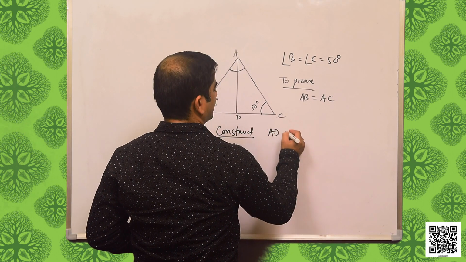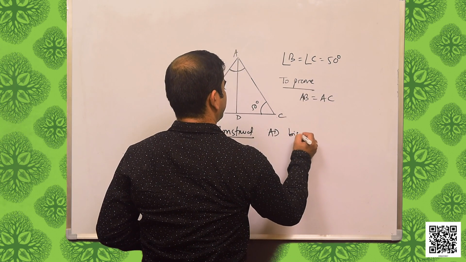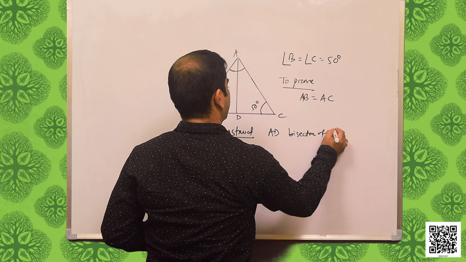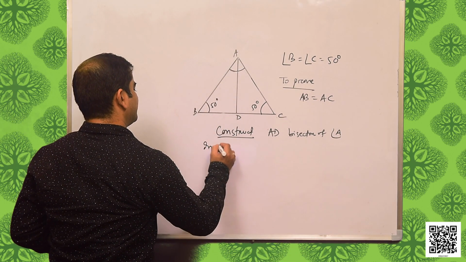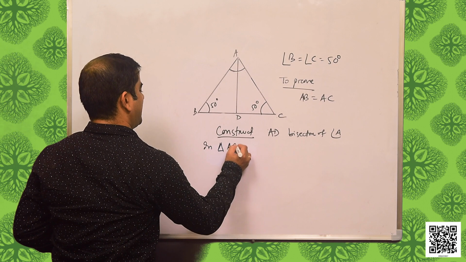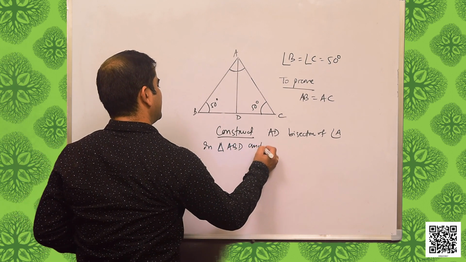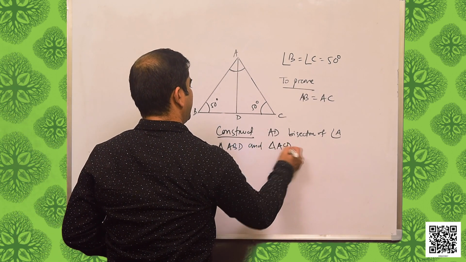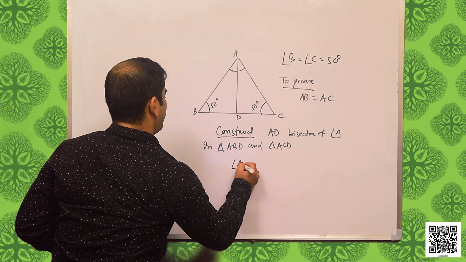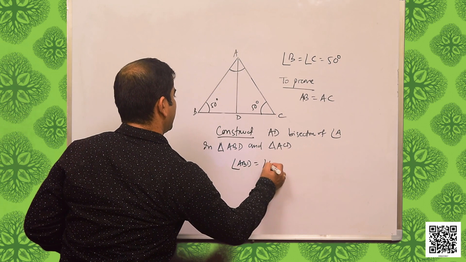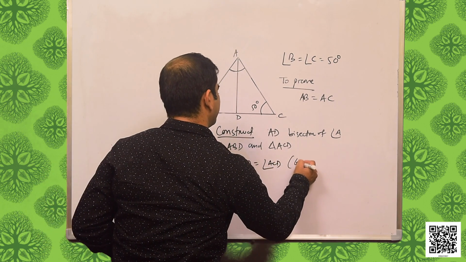Construction: AD bisector of angle A. So, in triangle ABD and triangle ACD, angle ABD is equal to angle ACD, that is given.